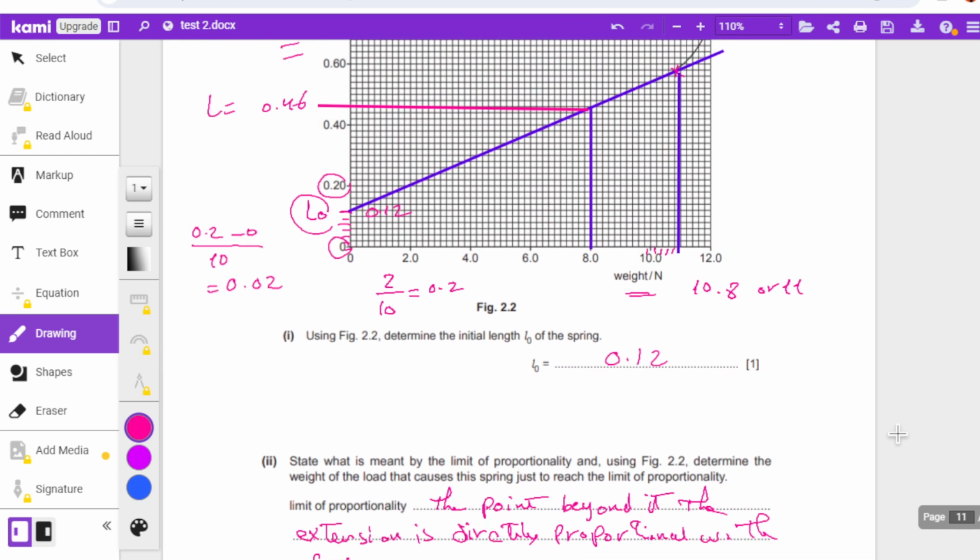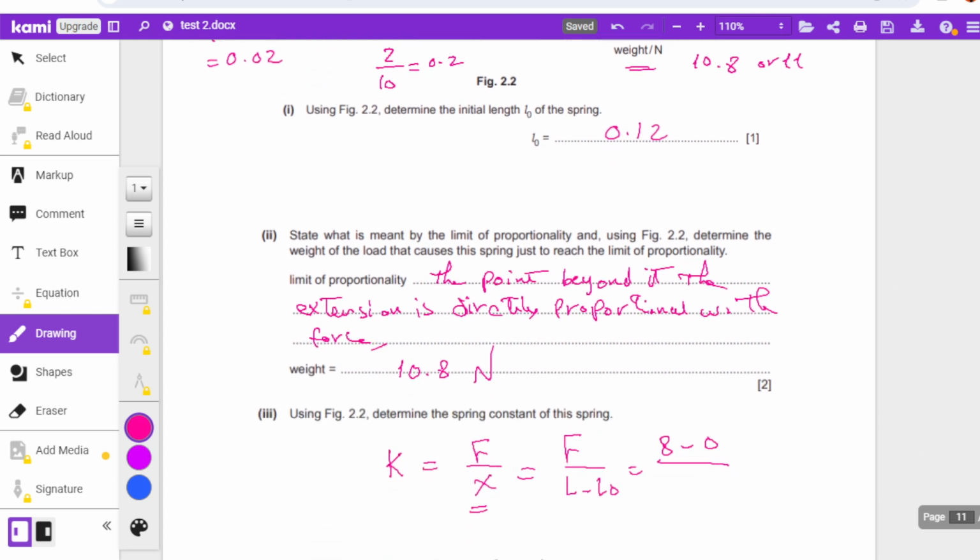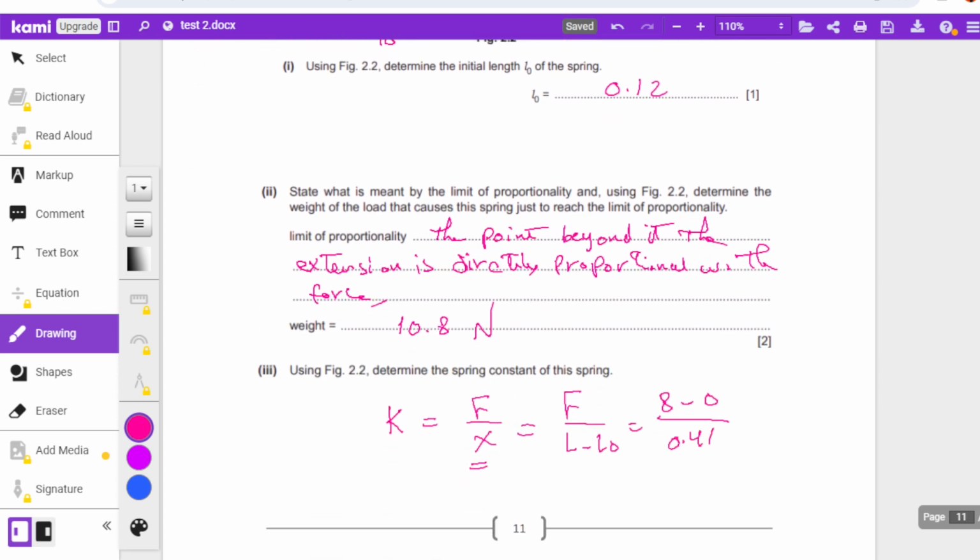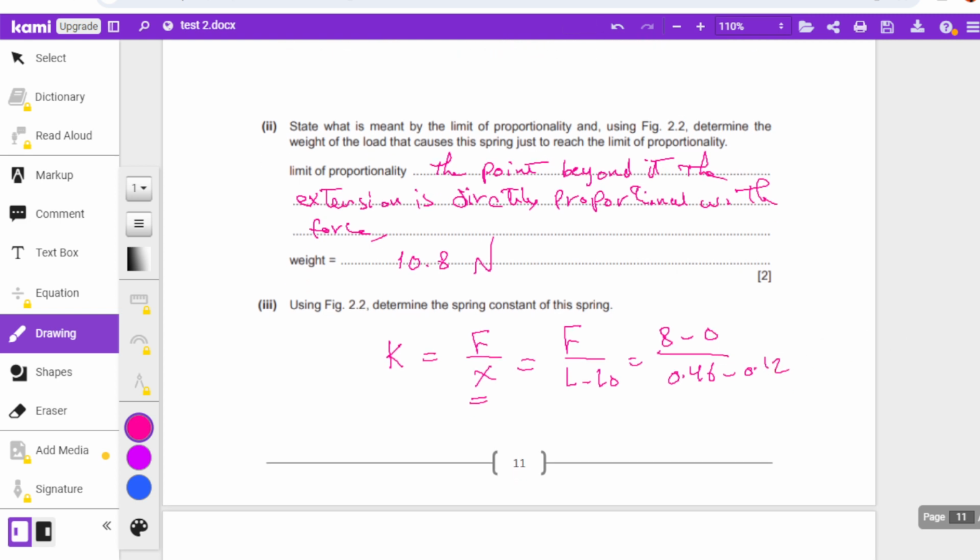L is 0.46 minus 0.12, so K equals 8 over 0.34, which equals 23.5.